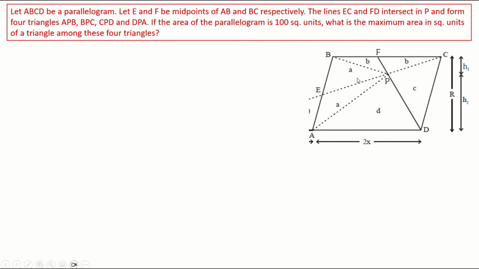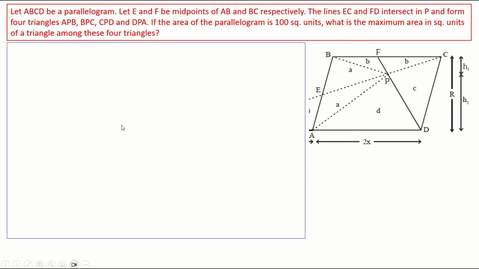So it will bisect this triangle into two equal areas, so A and A. This one we assume D, this is C. So here what we are comparing is BPA, that is 2A, 2B, C and D. Out of this, which one is the maximum? That is what we are comparing.